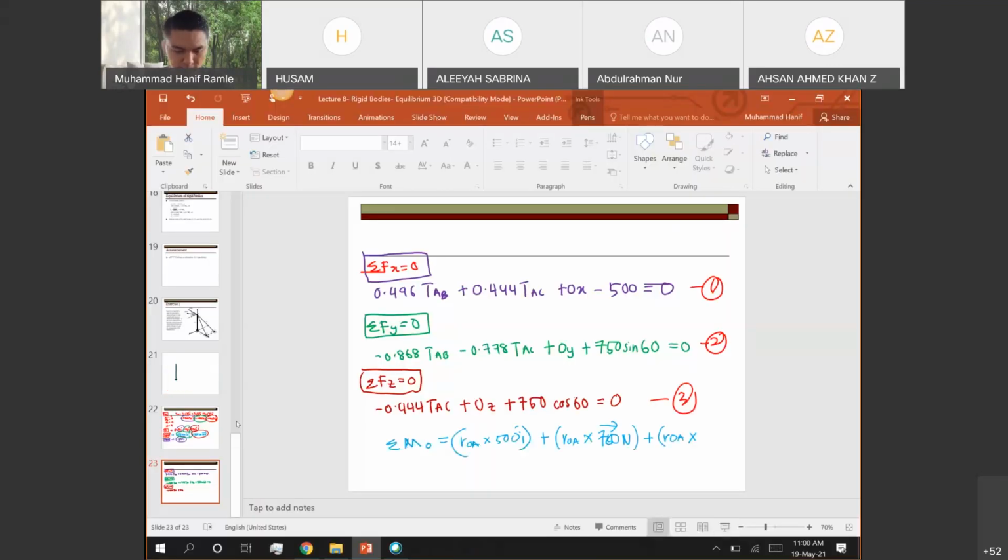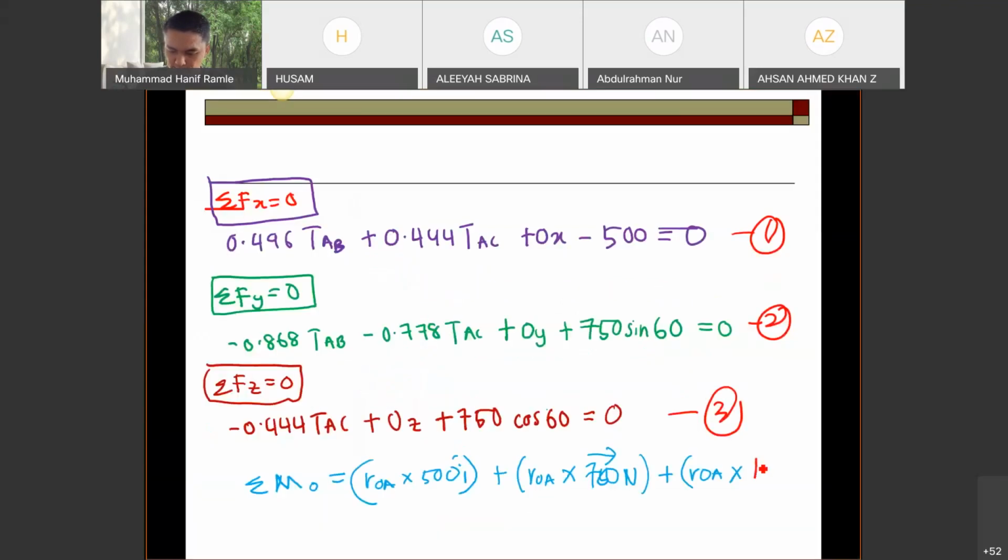TAC. And the last one is r_OA cross TAB. So you will get two more equations from here. I think that's it. This is your homework. Please complete this one.